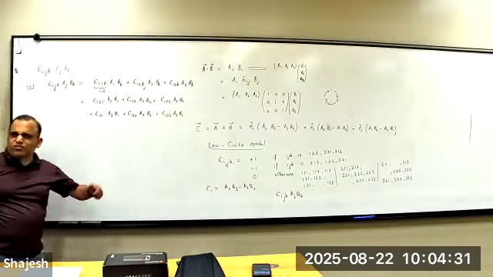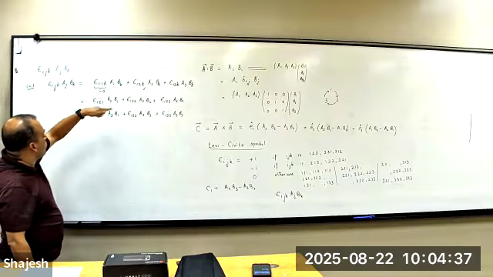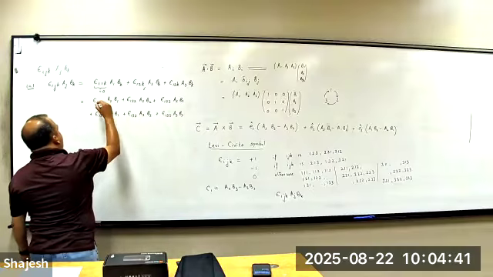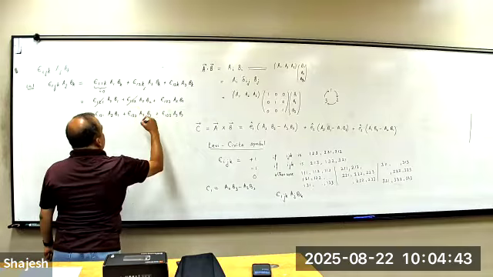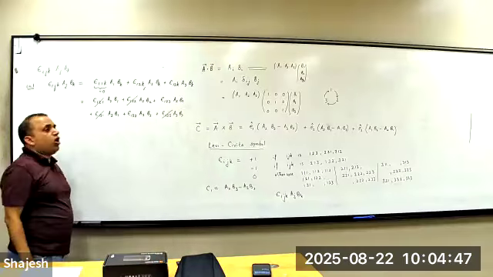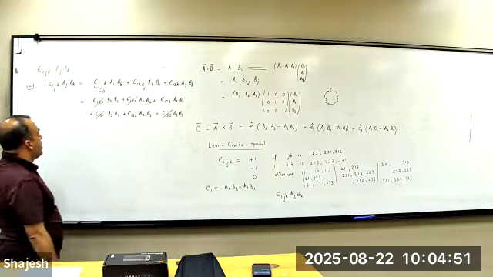I'm explicitly doing this, but you don't always do it. It seems tedious, and you don't really do that. You can observe the pattern immediately. Here it's repetition, that's 0, repetition, that's 0, repeats, that's 0. All the ones that are crossed are 0 because the indices repeat.